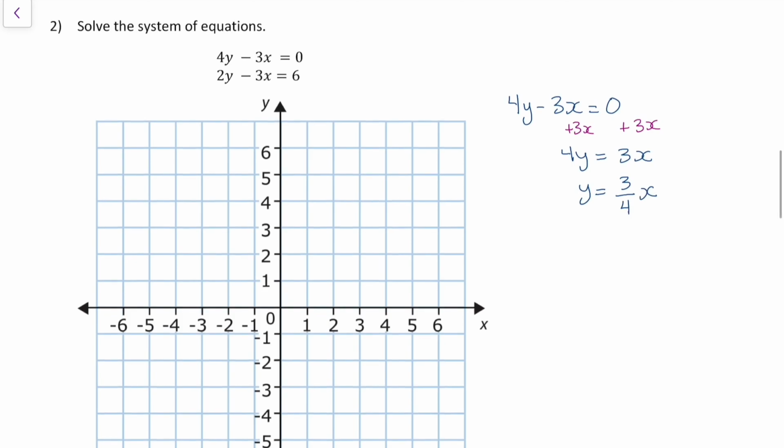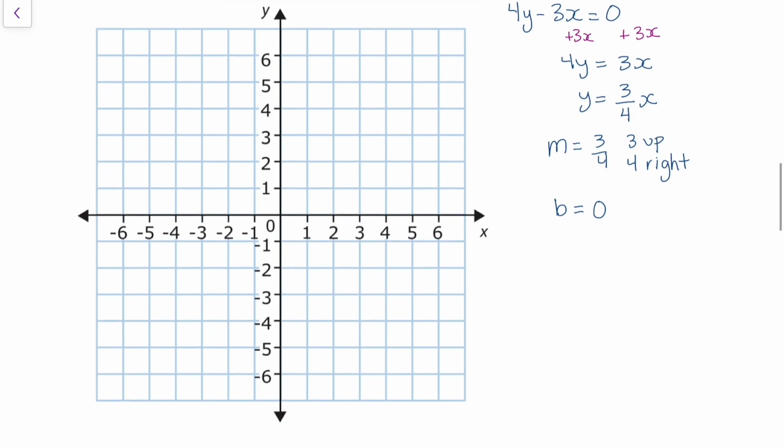So what this tells me is my slope is 3 over 4, which means 3 up and 4 to the right. And you'll notice it doesn't have a plus or minus something, which tells me my y-intercept is at 0. Okay, so I have 0, 0, and then I'm going to go up 3, 1, 2, 3, and over 4.